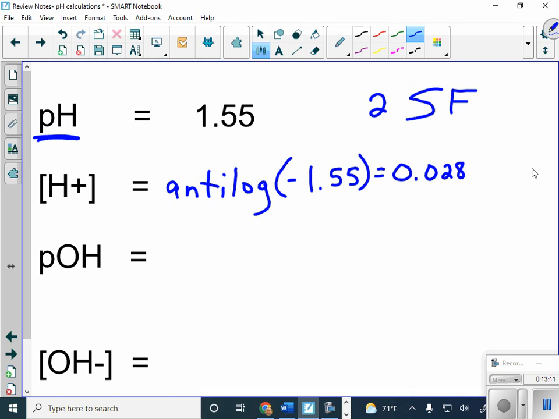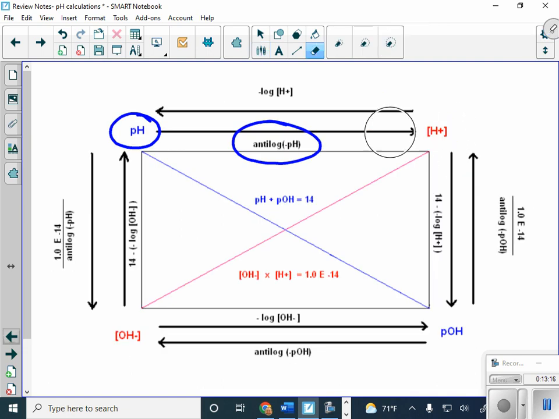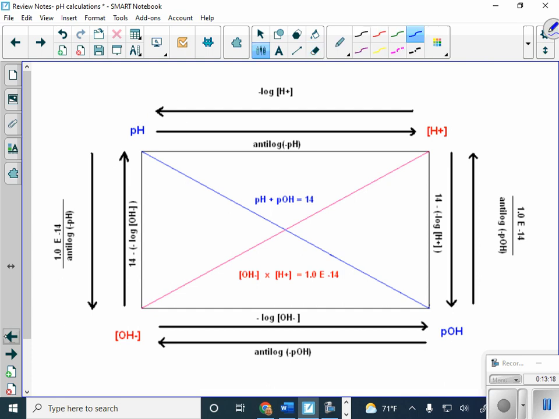All right, now I need to find the pOH. So I'm going to come back to my square here. I'm going to erase this stuff. I've already found pH and I've found hydrogen ion. Now I want to find pOH. Well, there's a couple of different ways I could do this. Number one, I could use this value right here because I'm going from hydrogen ion to pOH. But I think it's a little easier to use this blue line to go from pH to pOH.